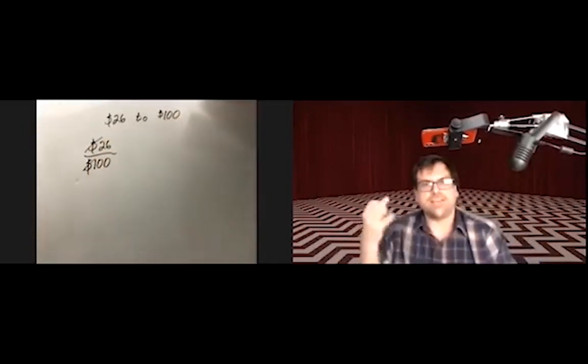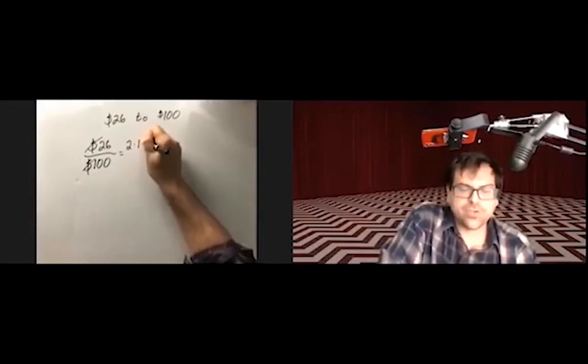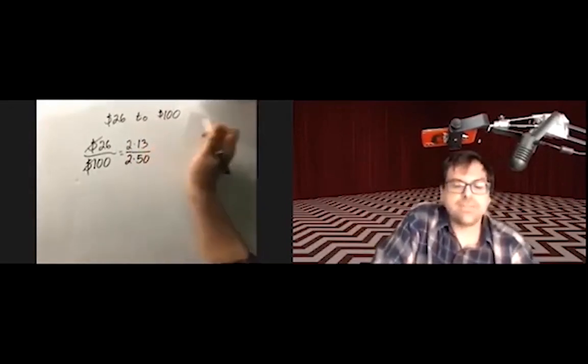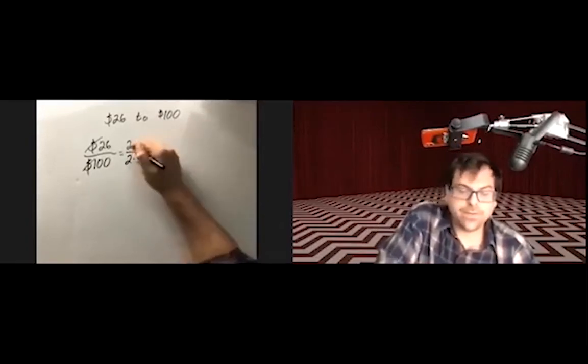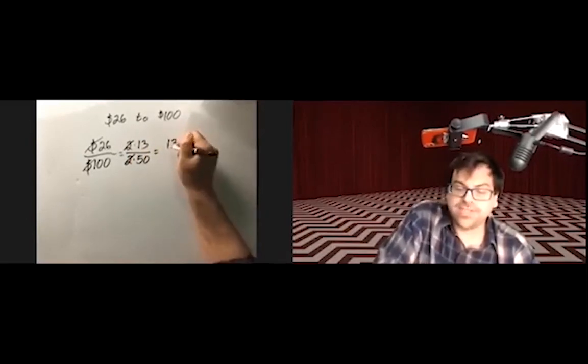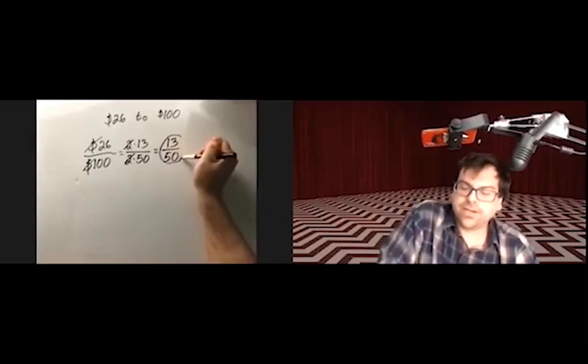The dollar sign, the units cancel away. 26 is 2 times 13. 100 is 2 times 50. The twos cancel. We're left with the final simplified ratio of 13 to 50.